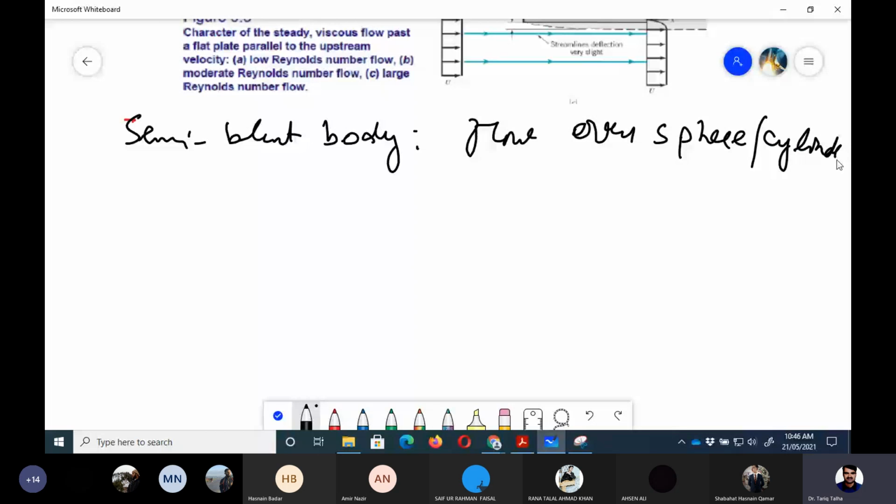Why do we call it semi-blunt? Because a fully blunt body is a flat plate placed perpendicular to the flow direction. So that is a fully blunt body.